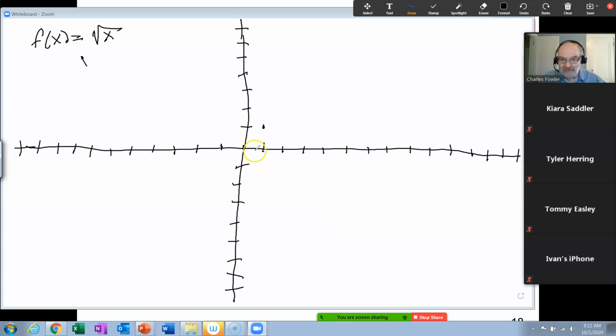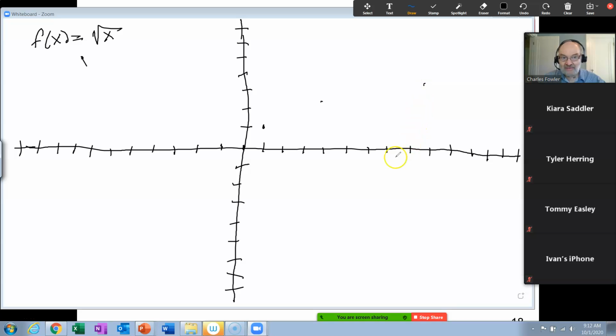If I can find the pen, there it is. 1, 2, 3, 4, and go up 2. Okay, about there. Yuck! This thing drives me nuts. Next one, let's go to 9. When x equals 9, the square root of 9 is 3. That's 4, 5, 6, 7, 8, 9, and go up to 3, somewhere right about there.